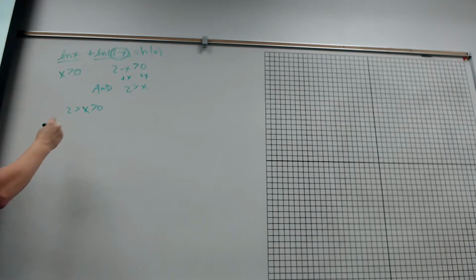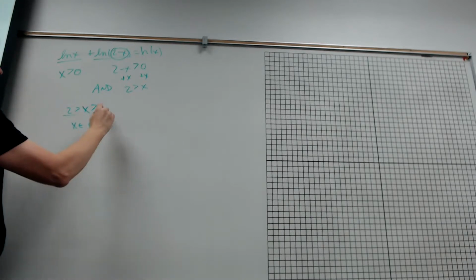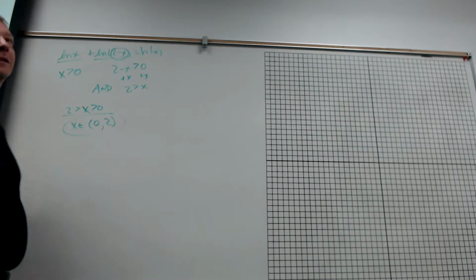So x is an element of parenthesis 0, 2. Round or square? Round, we're out of time.